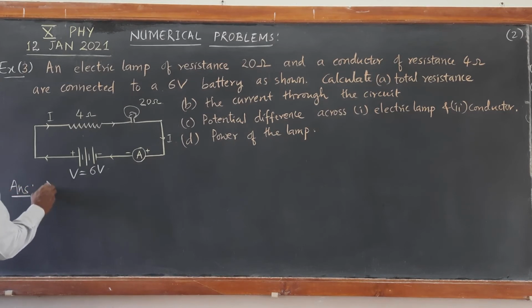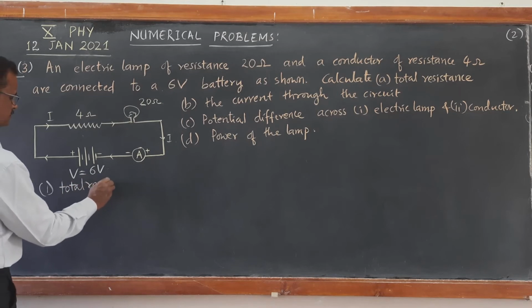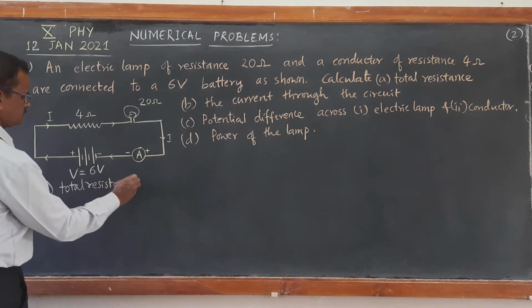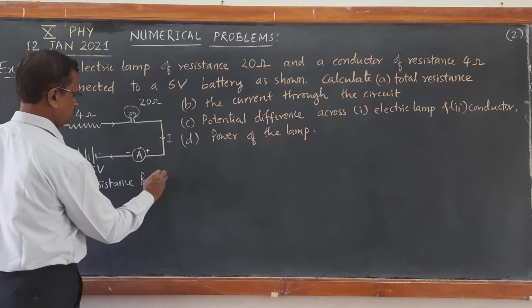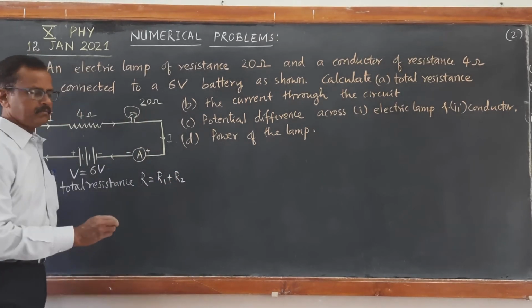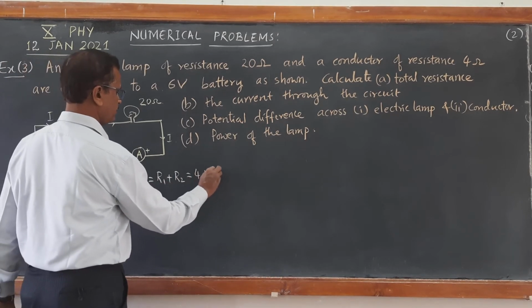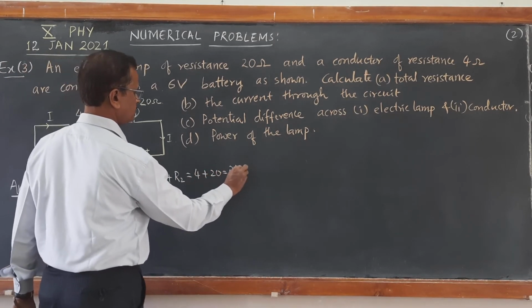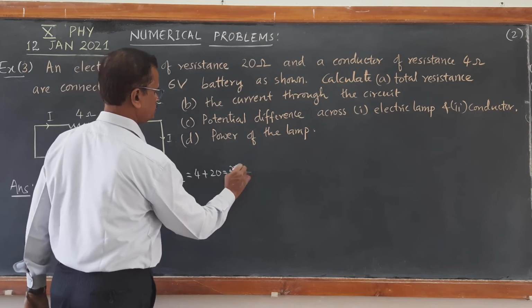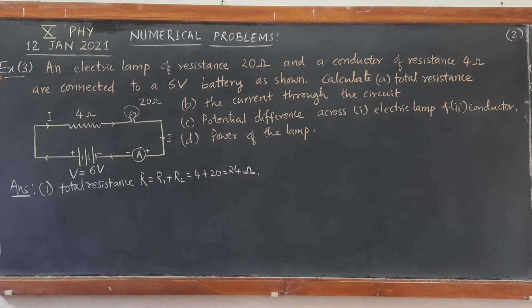First one, total resistance. It's very simple since they are in series. R is equal to R1 plus R2, where R2 is the resistance of the bulb and R1 is the resistance of this conductor. So 4 plus 20, so it becomes 24 ohm, right? Next, current through the circuit.